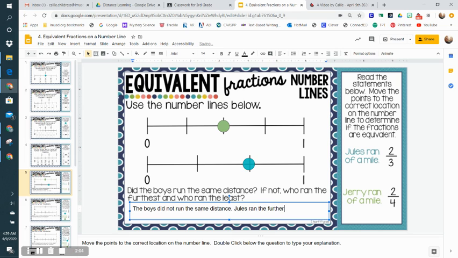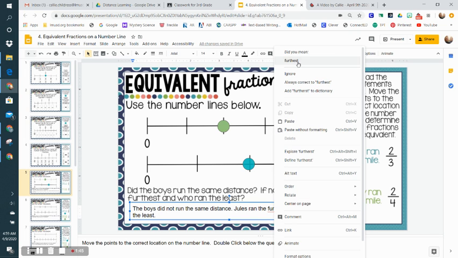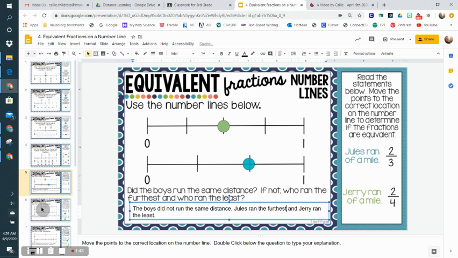The furthest. And Jerry ran the least. Okay, and then I can fix my spelling here. Okay, all right, so that's what you're going to be doing for slide number 5.